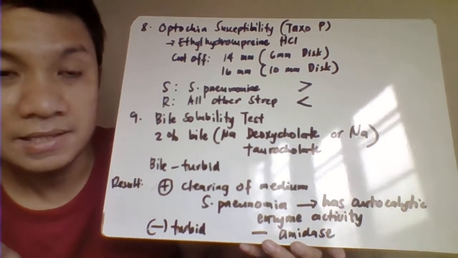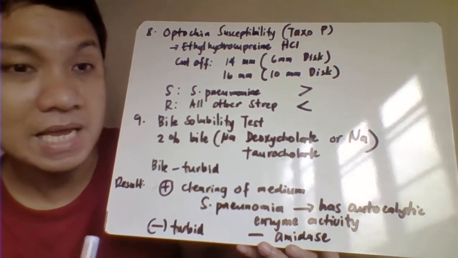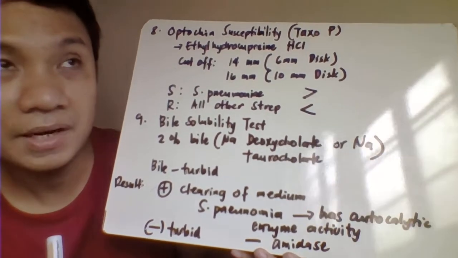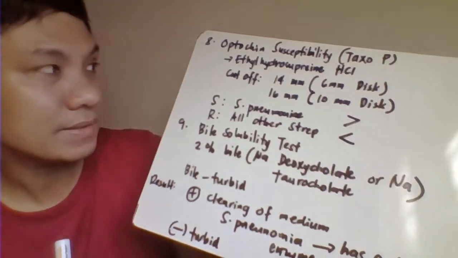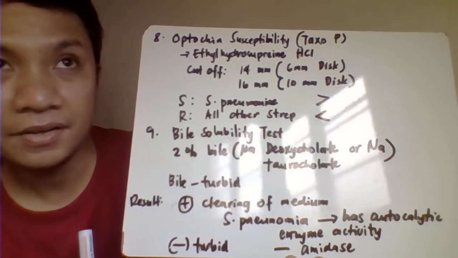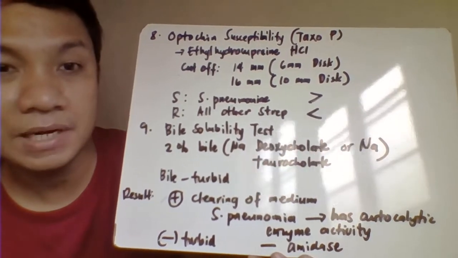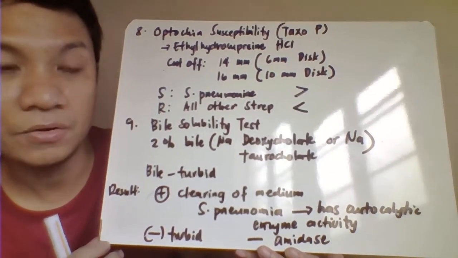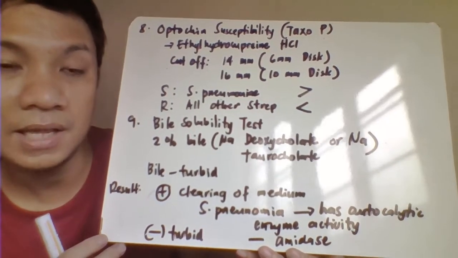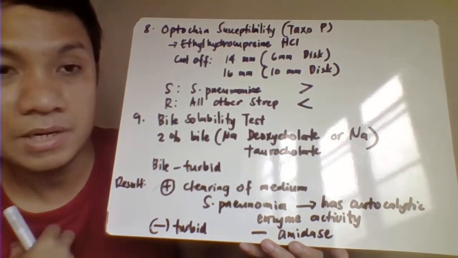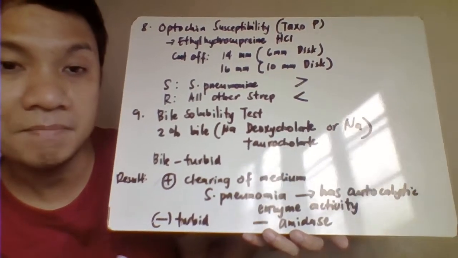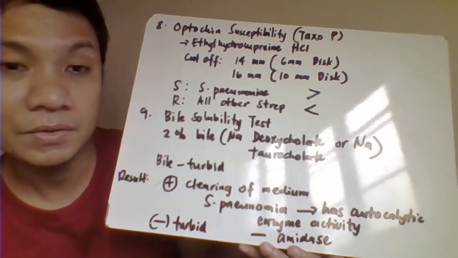Another one, identification for your group D would be your salt tolerance and your bile esculin hydrolysis test. That would identify that your group D, both Enterococcus and non-Enterococcus, are able to grow in the presence of 40% bile and able to hydrolyze esculin.